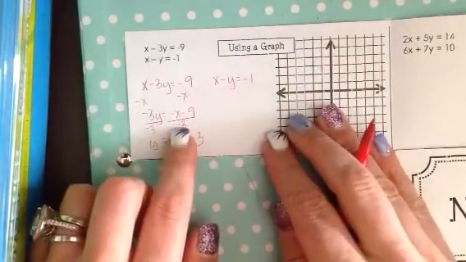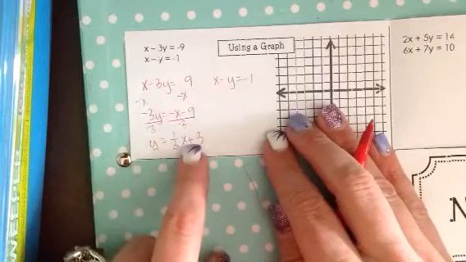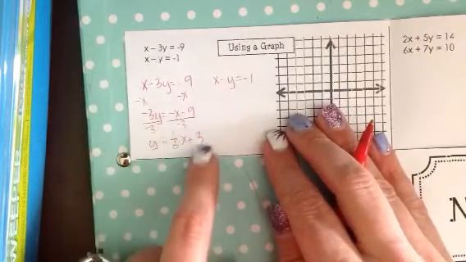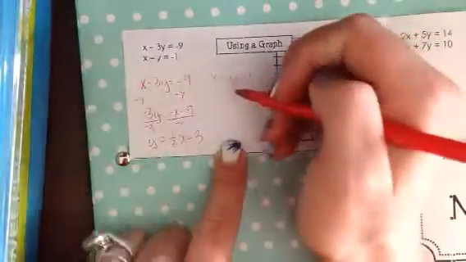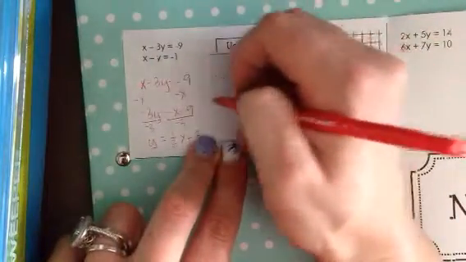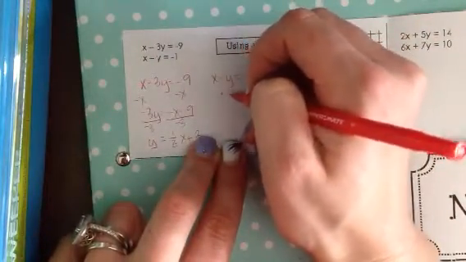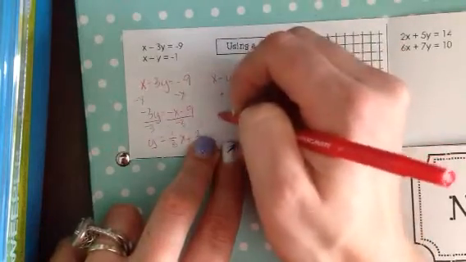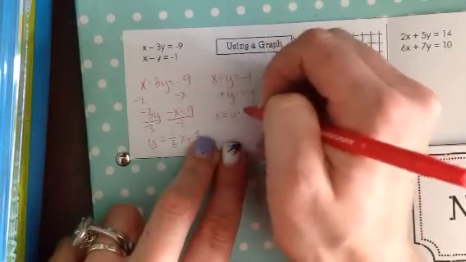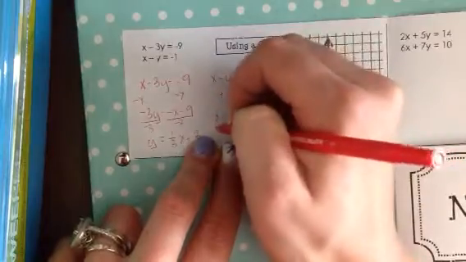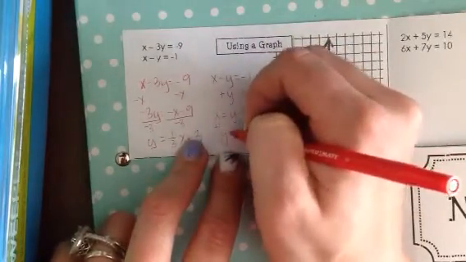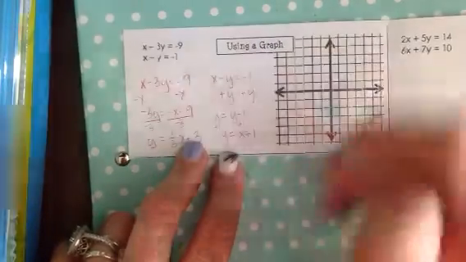Negative x divided by negative 3 is a positive 1/3 x, and negative 9 divided by negative 3 is positive 3. And this next one, I'm going to add y to both sides, get x equals y minus 1, add 1 to both sides, and I get y equals x plus 1.